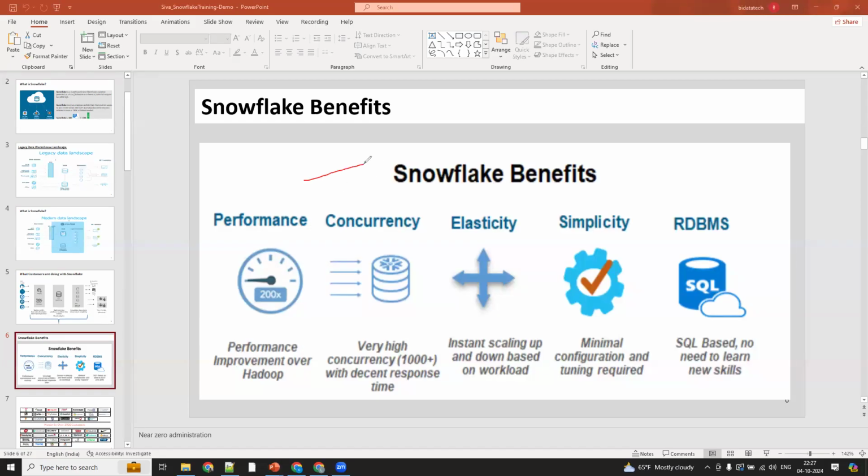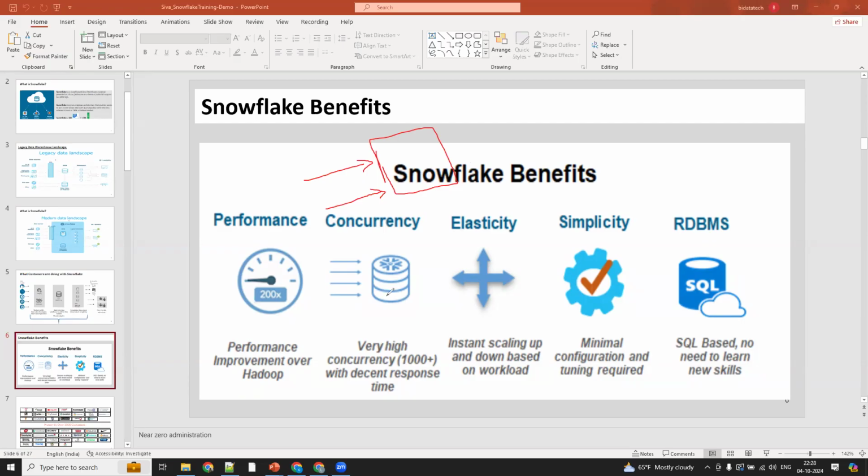If one user is working on that particular database and another user tries to log in and also work on the database concurrently, your database will start crying because it has to serve multiple people. It has to create multiple threads in the backend. It has to serve all the sessions. It will literally start crying.